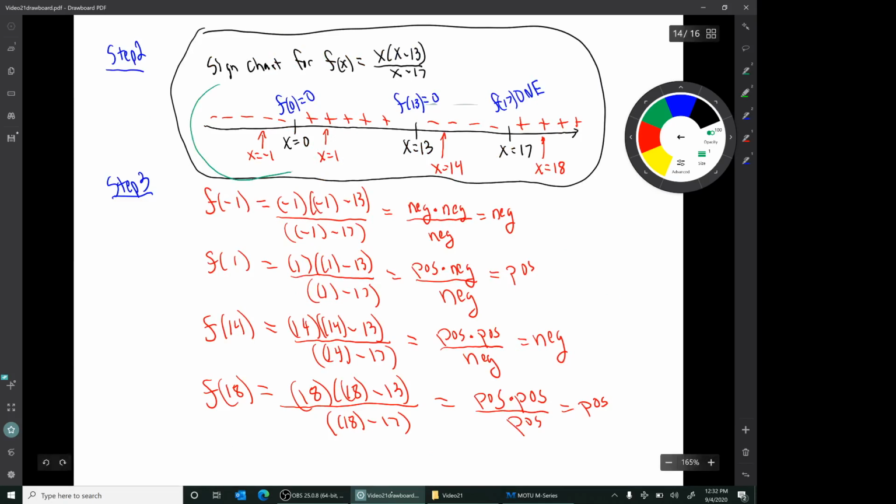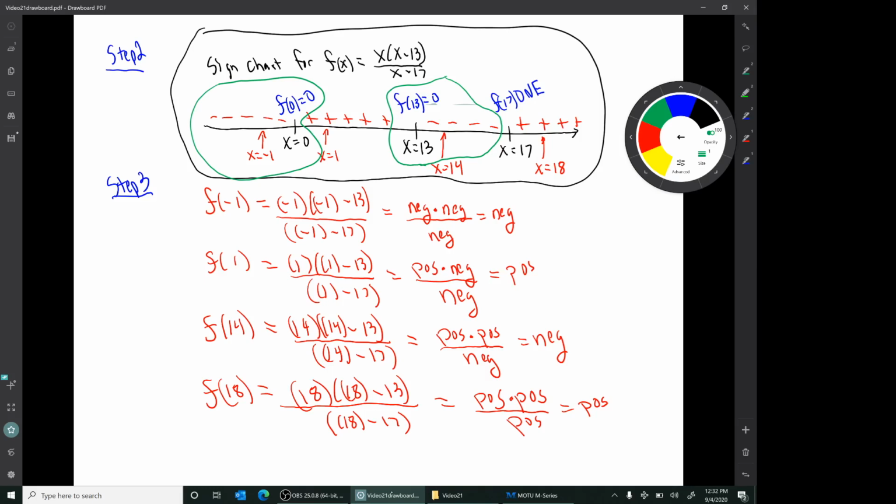The places where f of x is less than or equal to 0: well, this time we're going to include that endpoint because the y value of 0 is less than or equal to 0. And we're going to include this endpoint because the y value of 0 is less than or equal to 0. But we're not going to include the endpoint of 17 because the y value does not exist. Well, that's not a y value.